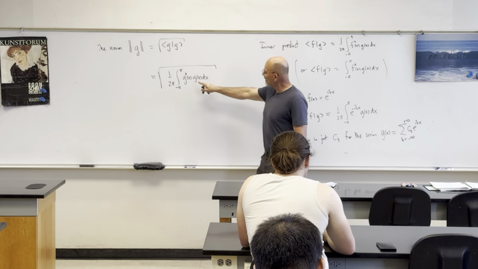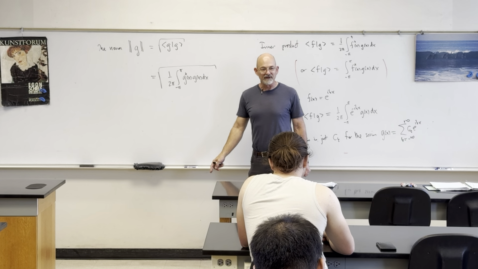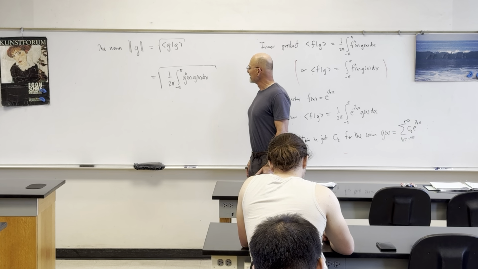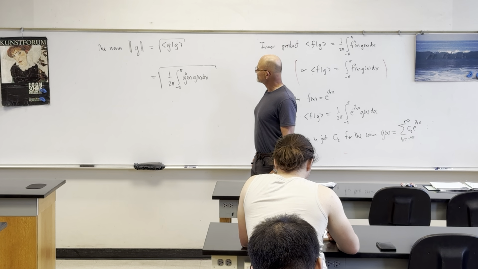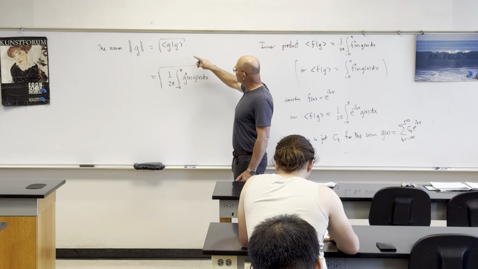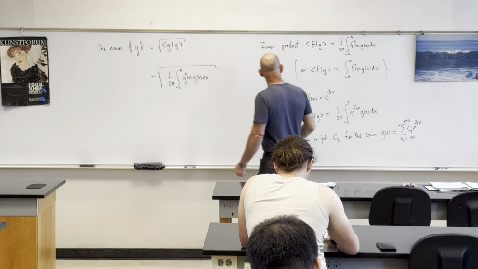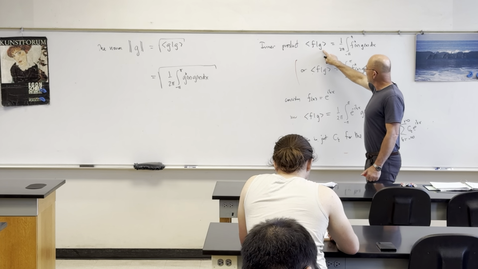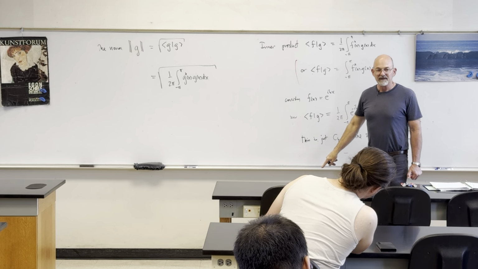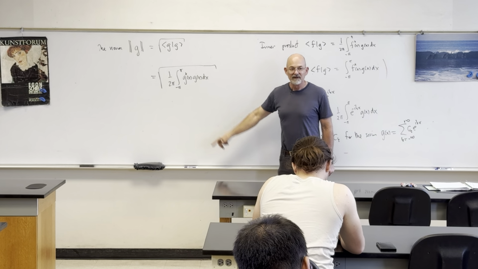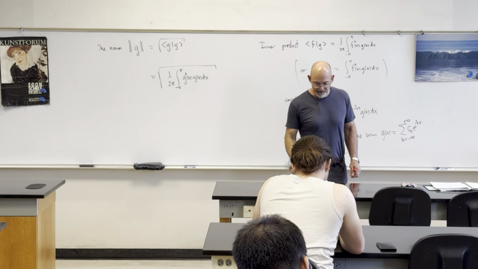And of course, G star times G is going to be positive, definite, real positive. And that's the norm that's induced by the inner product. So if this thing really satisfies the inner product axioms, which we have to check, then we know we have a norm, so it becomes magnitude.